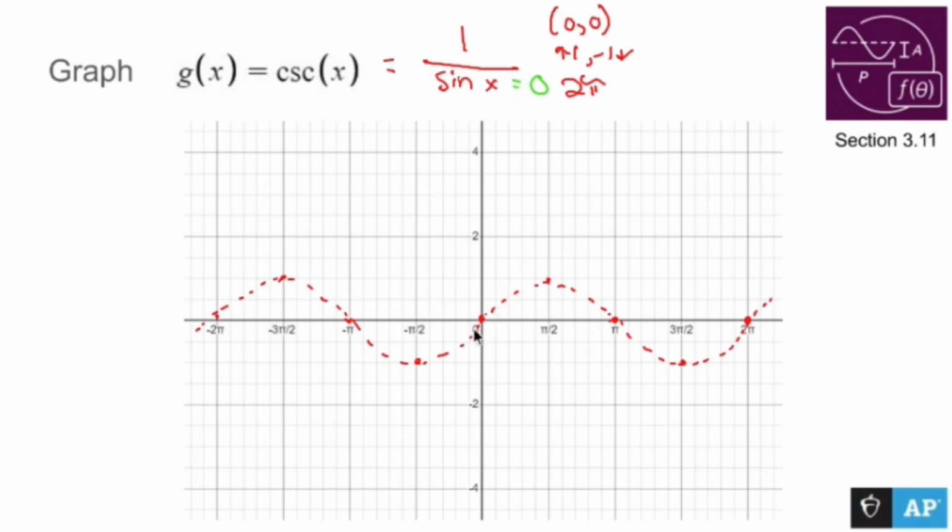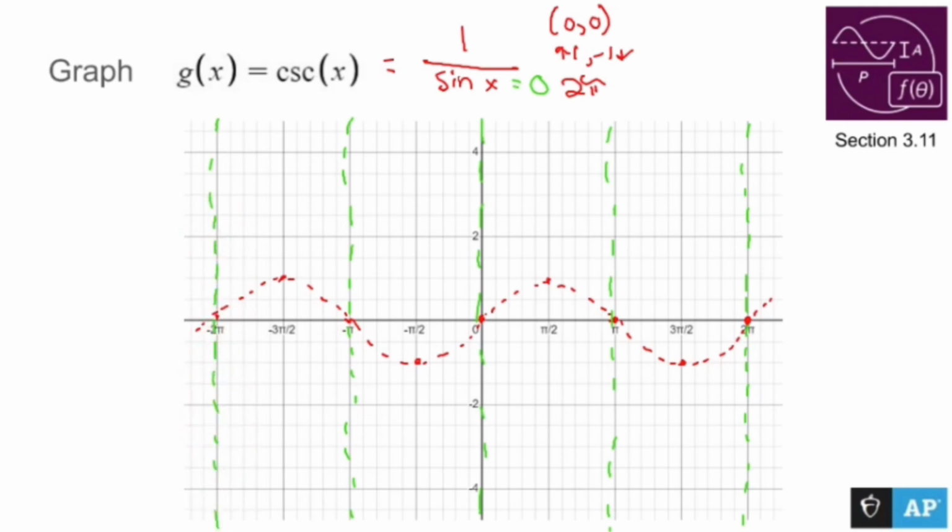Sine x is 0 at these moments right here where it crosses the x-axis. So you are a vertical asymptote, because sine x equals 0 at these moments. So vertical asymptotes here where it crosses the x-axis, and vertical asymptote here where it crosses the x-axis.